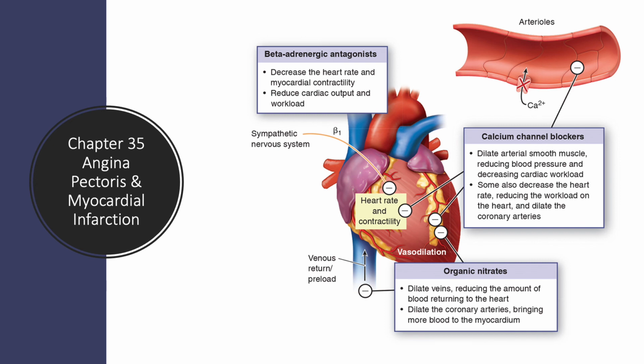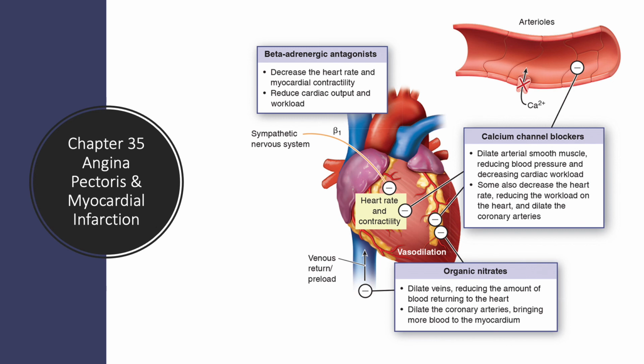And lastly, the group here is nitrates. So nitroglycerin, and this comes in a variety of ways to administer it. It comes in a sublingual pill. It comes as a sublingual spray. It comes as a patch.